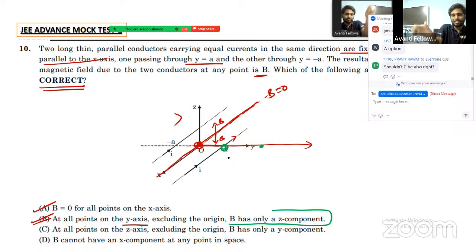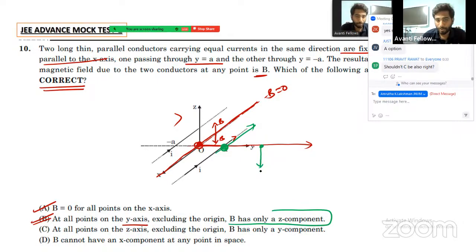It is simple, right? Suppose the current is going in this direction, parallel to the x-axis. Okay, now tell me, the magnetic field will be going downward here. Suppose it is downward. And similarly, due to minus a, at this point on the y-axis it also comes downward, right?